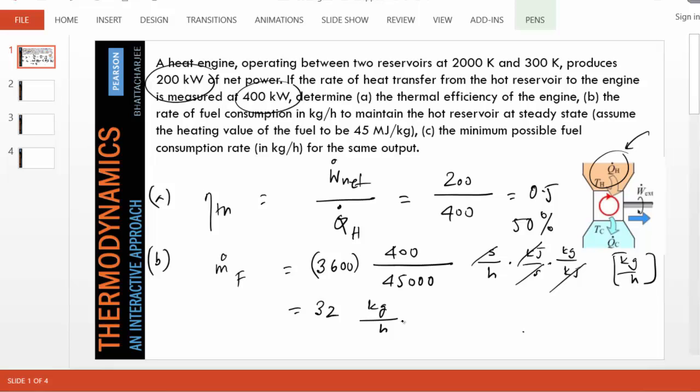The next problem is to find the minimum possible fuel consumption rate for the same output. Well, for this, think about it. The minimum possible fuel consumption will happen when the engine operates like a Carnot cycle. So what is the Carnot efficiency for this? They have supplied us the hot temperature and the cold temperature.